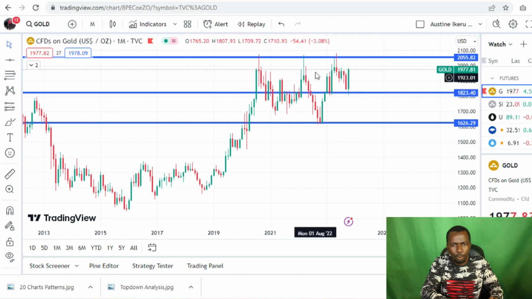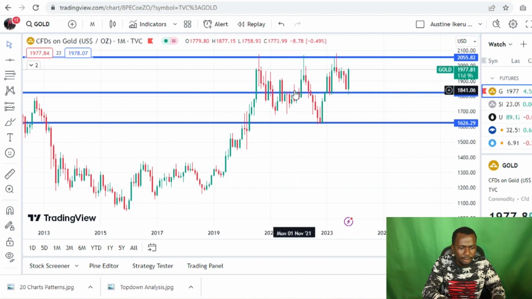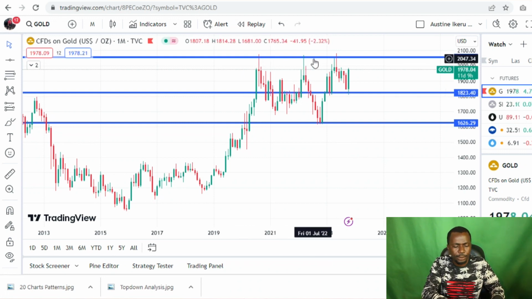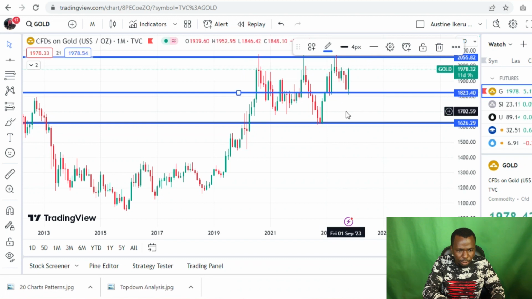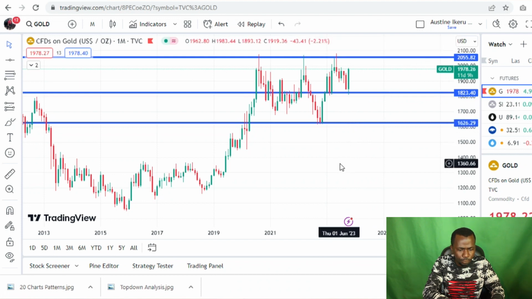So we have already mapped out the major key level at the monthly time frame, and we have locked it up. Make sure you lock it, right, so that it doesn't move. So we have identified the major key level at the monthly time frame.